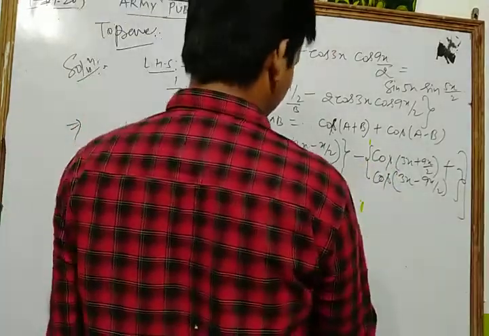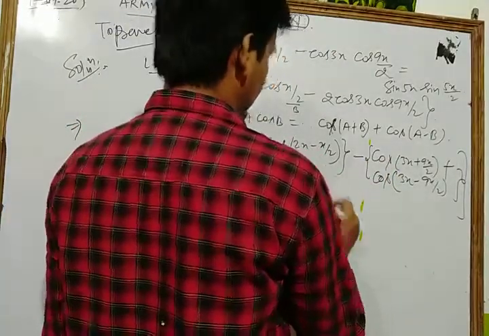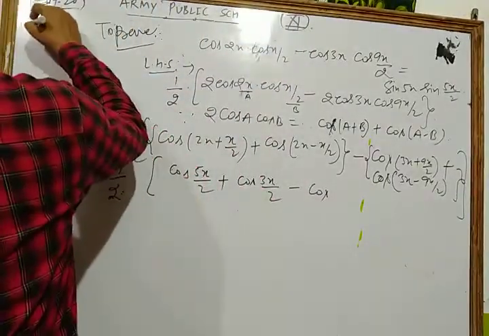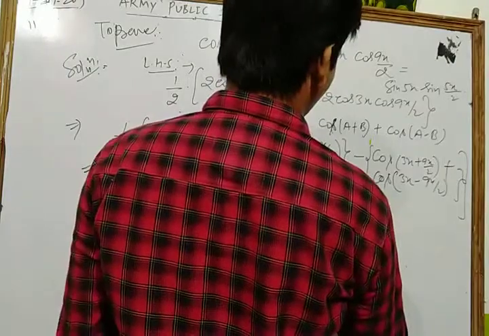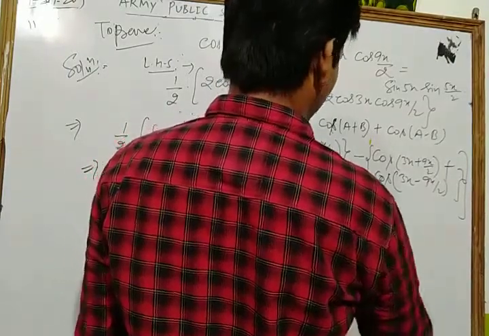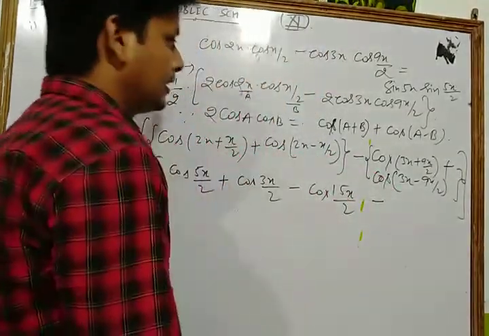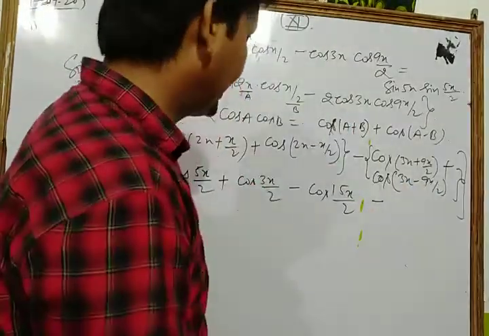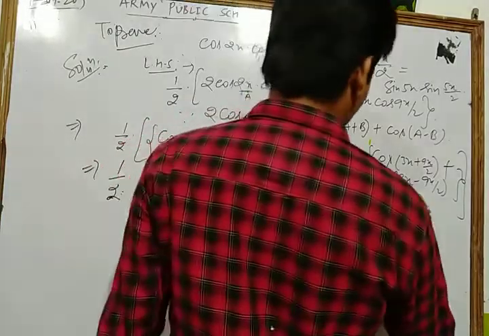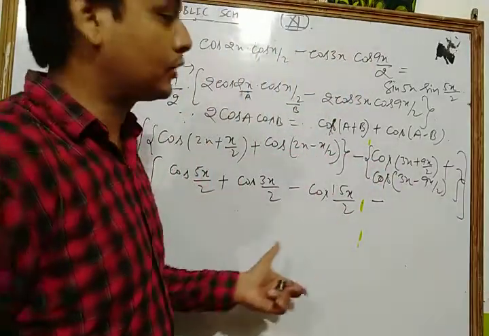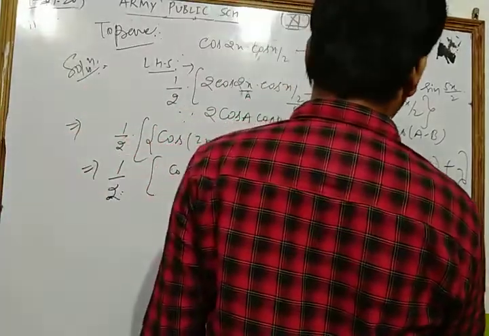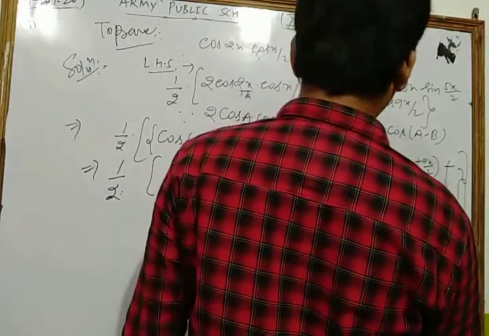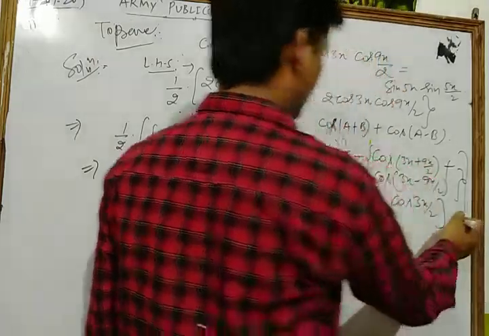Here in minus, plus minus minus, what I get? 2 3s are 6, plus 9, 15, cos 15x by 2, minus. And 2 3s are 6 minus 9, that is 3x by 2, minus 3x by 2, and cos minus theta is plus cos theta, so what I get is minus cos 3x by 2.